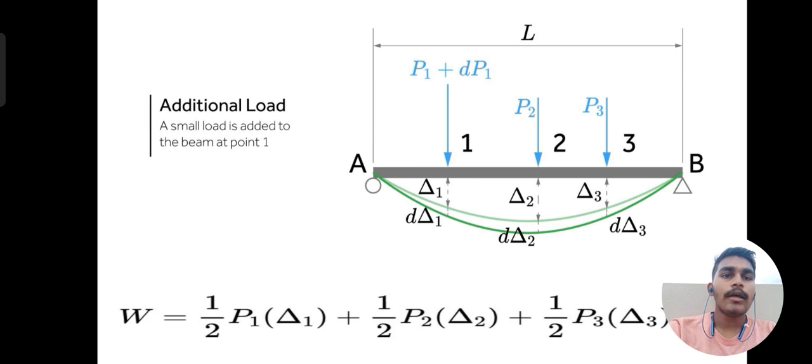So the load applied to the beam at point 1 is P1 plus dP1. That is load 1, and P2 is load 2 and P3 is load 3, and deflections delta 1, delta 2 and delta 3. These are the deflections. So work W is equal to half of P1 delta 1 plus half of P2 delta 2 plus half of P3 delta 3. This is the additional load condition.